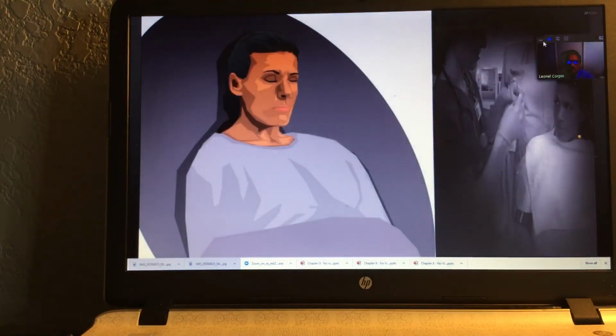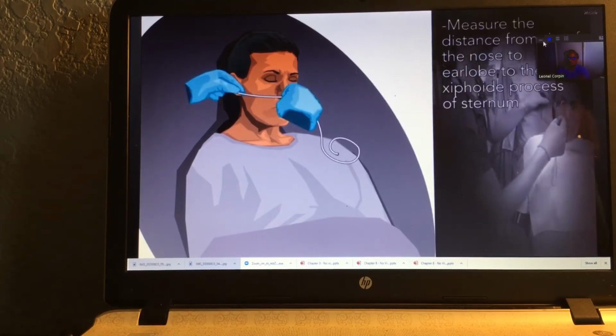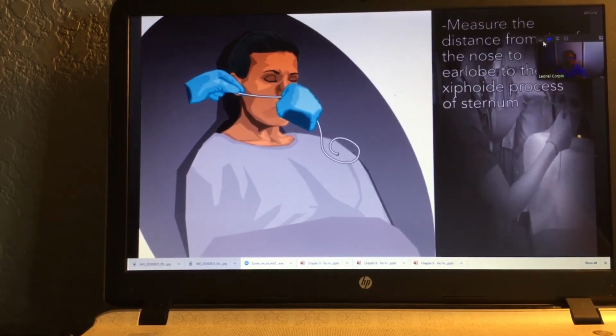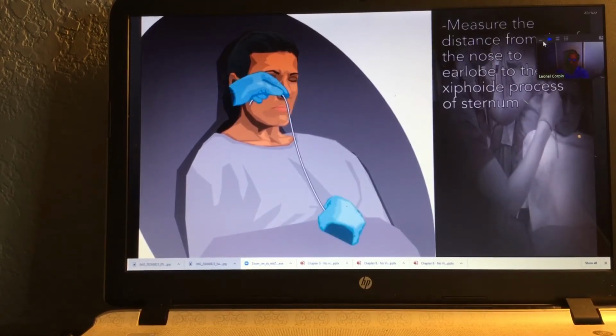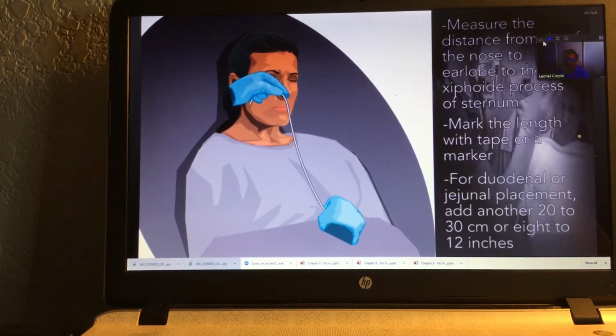Measure the correct portion of the tube to insert by measuring the distance from the tip of the client's nose to her earlobe to the xiphoid process of her sternum. Mark the length with tape or a permanent marker. For duodenal or jejunal placement, add another 20 to 30 centimeters or 8 to 12 inches.